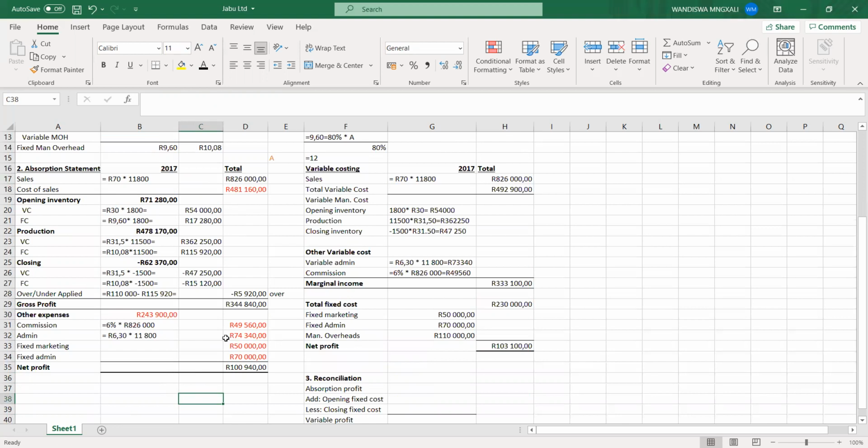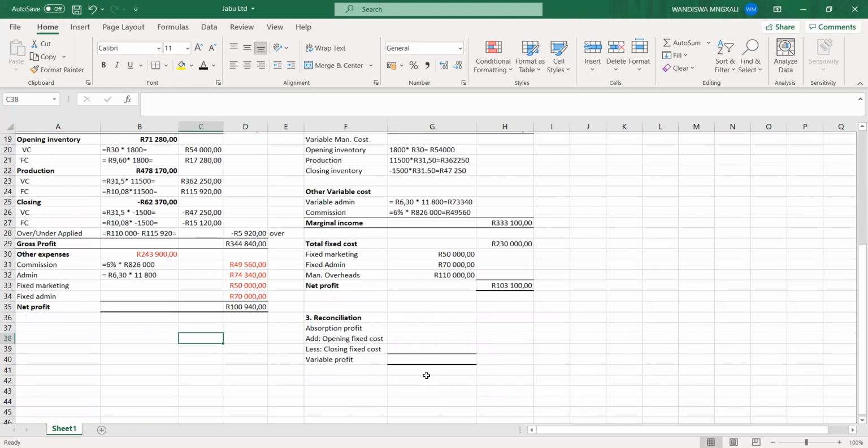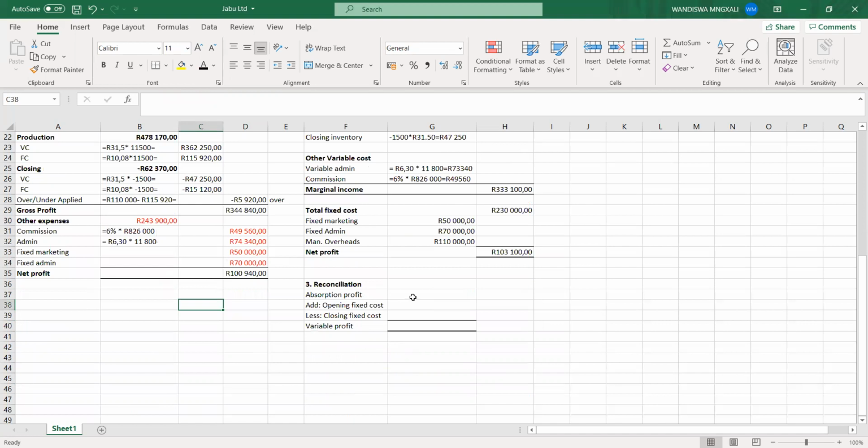Then we move on to question 3, where they want us to reconcile the profits. So they want us to do the reconciliation of both the absorption costing method and the variable costing method. So this is how you do your reconciliation. You'll have your absorption profit there, which we calculated was 100,940.